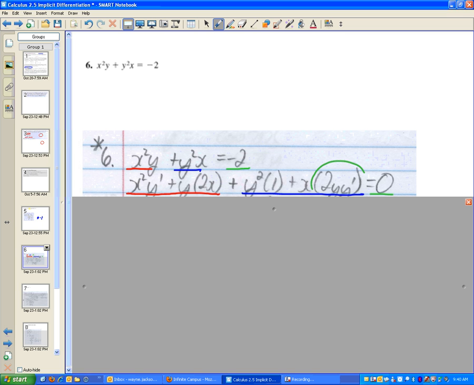All right, once we got to here, we were taking the derivative of that. So, if it was this, we'd get 2u times the derivative of u, wouldn't we? So we get 2y times the derivative of y.